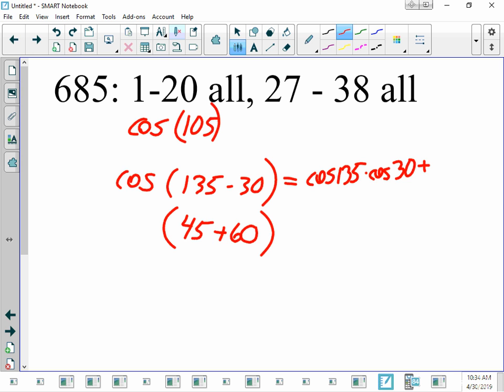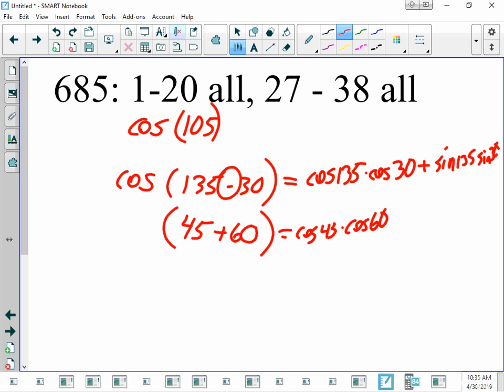Why is that one plus? Well, this is negative, so it's the bottom formula, which lines up with the plus. So sine 135, sine 30. Now, if I did it the other way, then I would have the cosine of 45 times the cosine of 60.